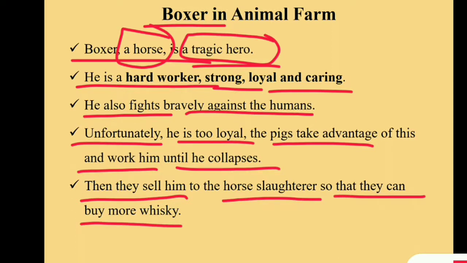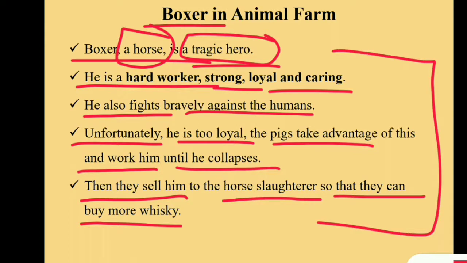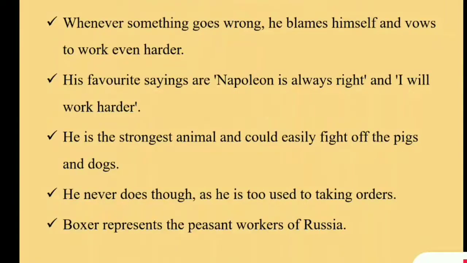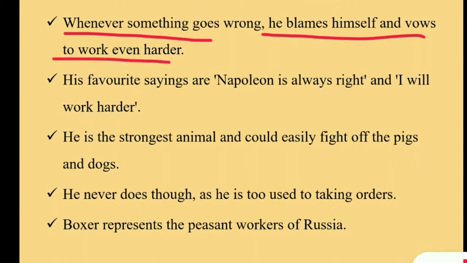This is the condition of common people. They work wholeheartedly and eventually they are the ones who have to suffer till the end. So this is reflected in the novel by Boxer, who was a horse. Further, whenever something goes wrong, he blames himself and vows to work even harder.